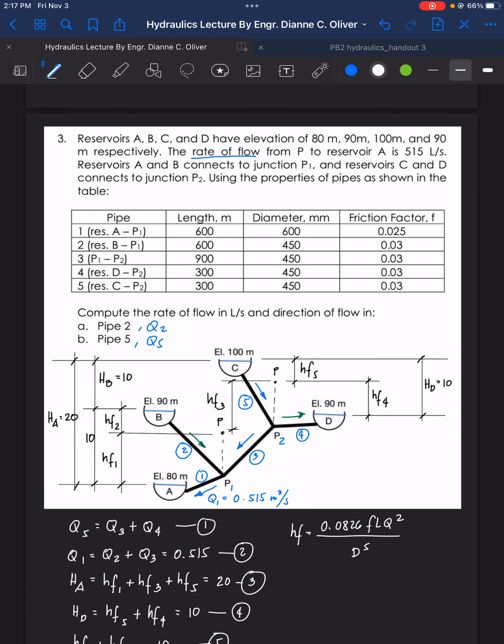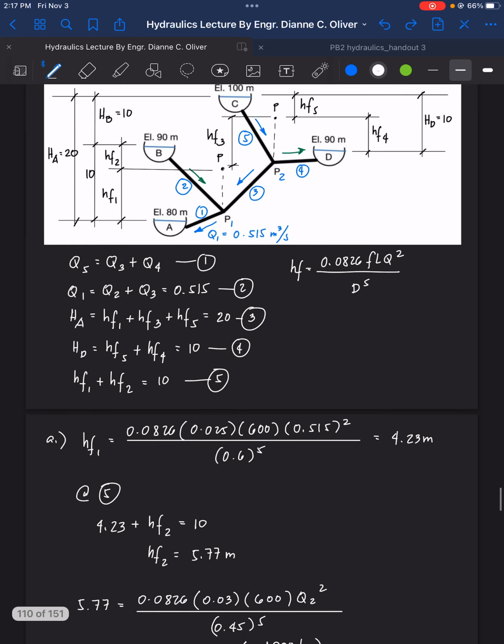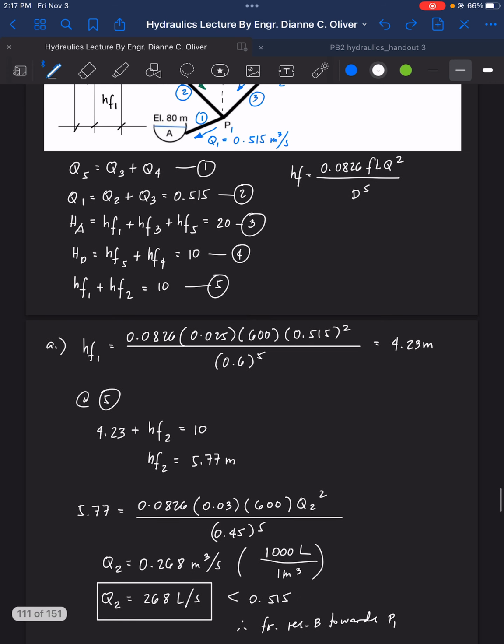For pipe number 5, we are already sure the direction of flow is downward. But what is the value of Q? We now have the value for Q2, so we can get the value of Q3 from equation number 2.